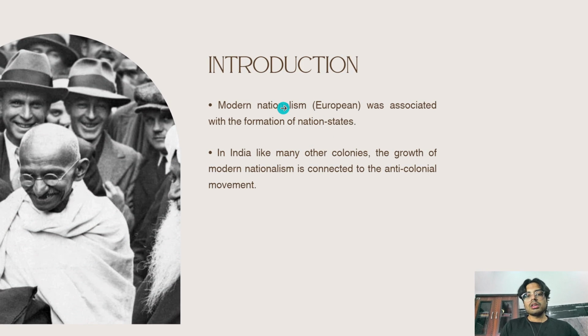Okay, now in the introduction let's understand how Indian nationalism grew in India. Modern nationalism, which took place in Europe, basically in European countries, was associated with the formation of nation states. Meanwhile, in India, like many other colonies, the growth of modern nationalism is connected to anti-colonial movement.